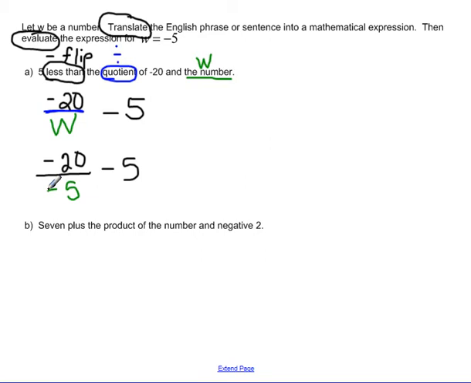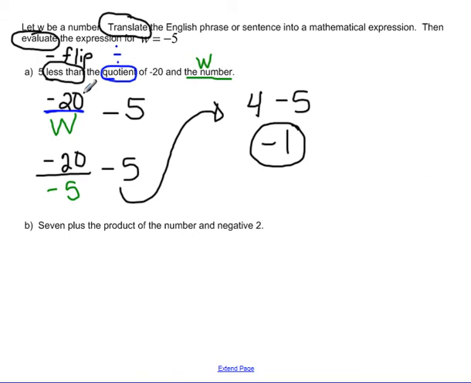Negative divided by a negative is a positive, and 20 divided by 5 is 4. So positive 4 minus 5, and we know 4 minus 5 is -1. So there's the answer to the evaluation. So two answers here. Here's my translation, and here's the answer to my evaluation.